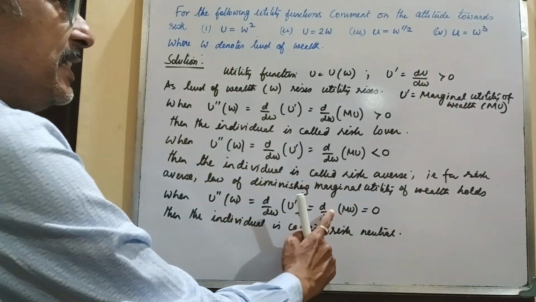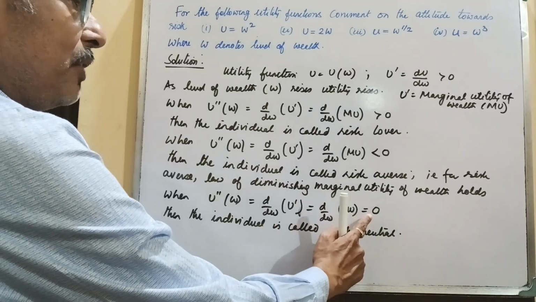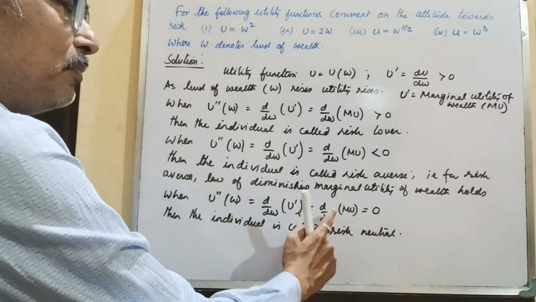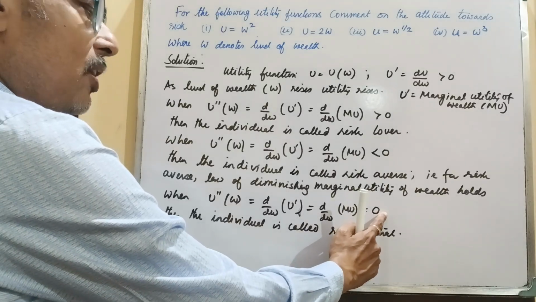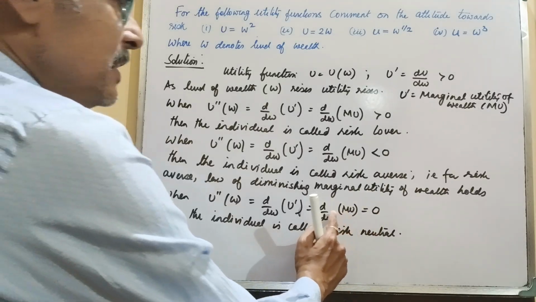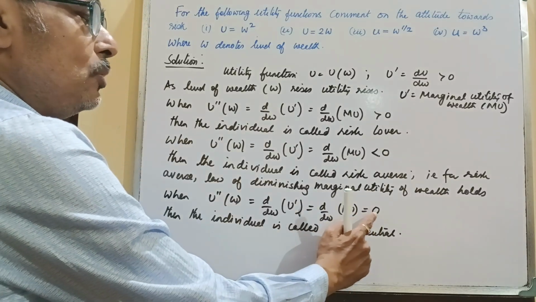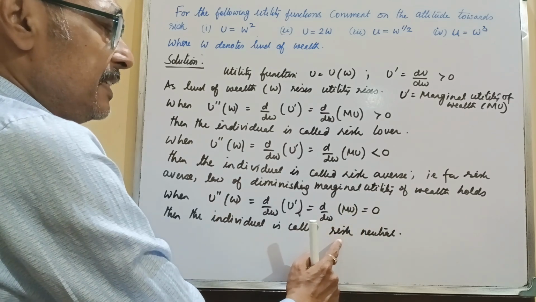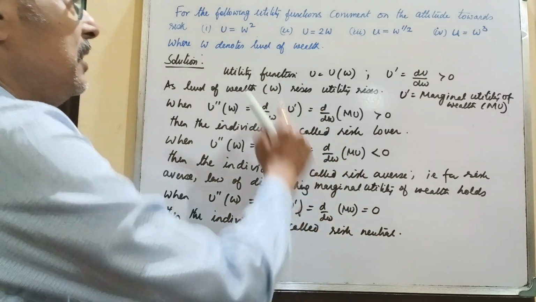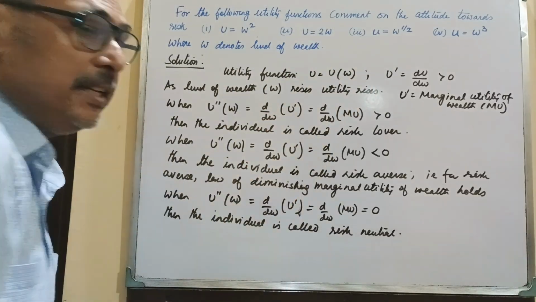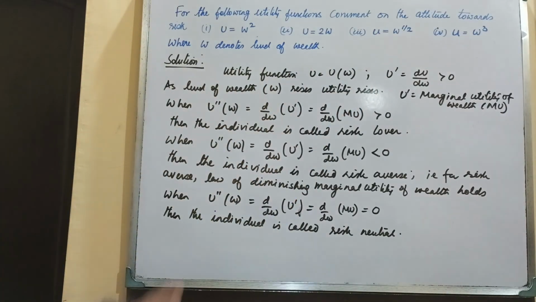And when dMU/dw equals 0, that is when w increases, marginal utility of wealth remains constant, then the individual is called risk neutral. Now we check all these conditions for these four utility functions.